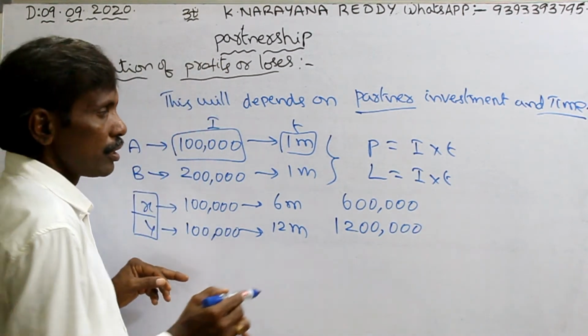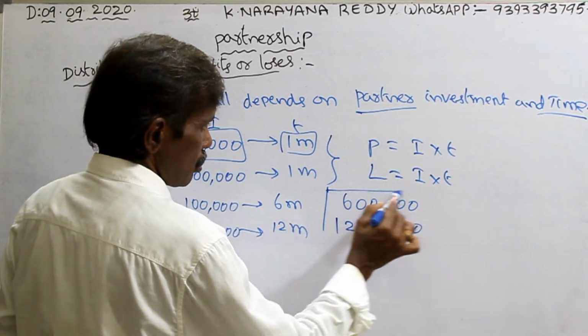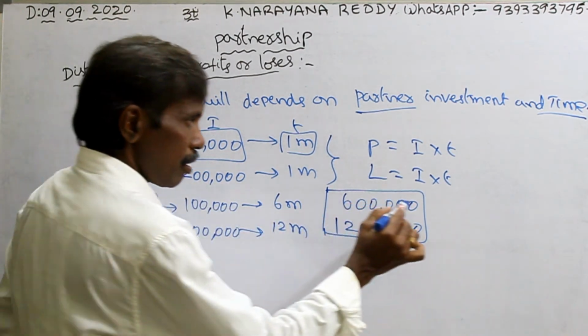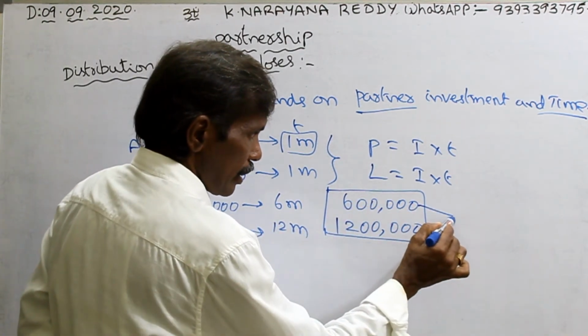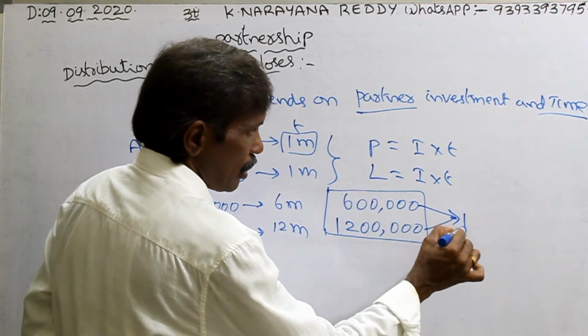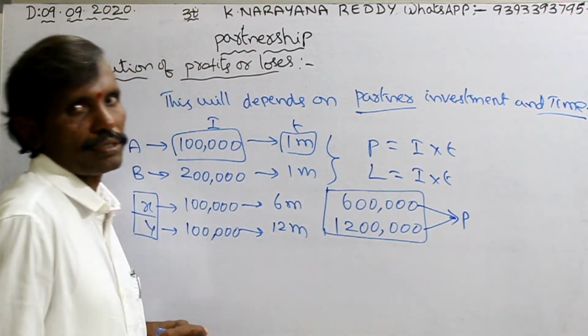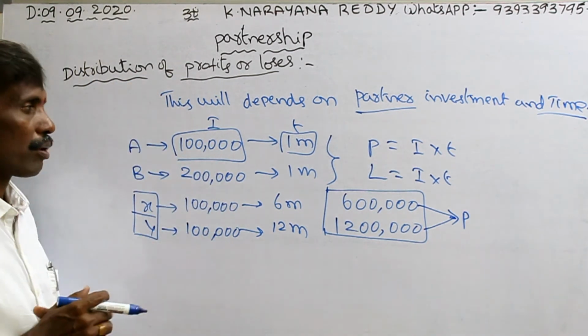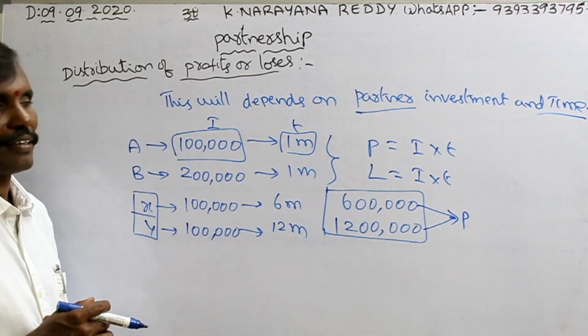Okay, so the profit or loss is distributed depending on these investments. Yes or not? That is the distribution of profit or losses among those partners.